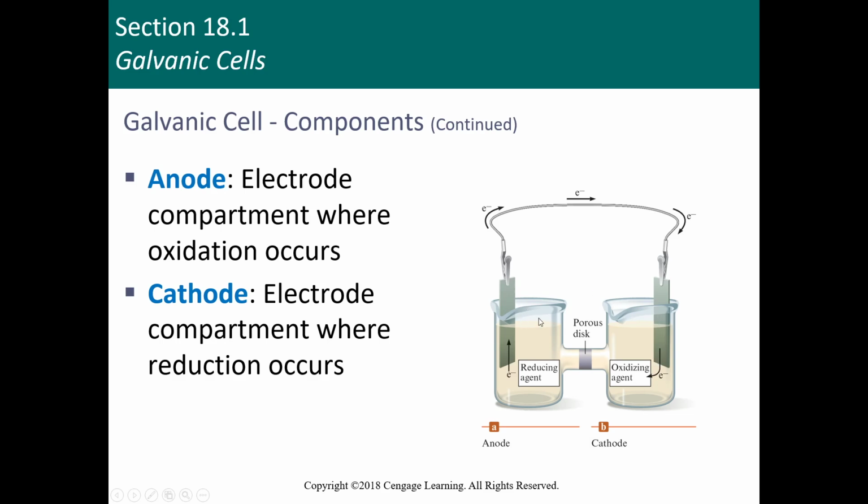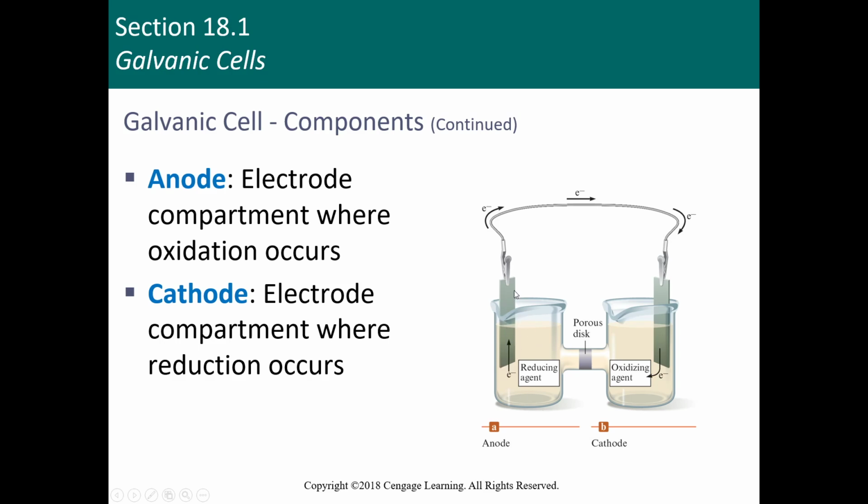So remember, where the oxidation occurs is going to also be where you have your reducing agent. Remember, oxidation is done with your reducing agent here. And your reduction here is going to be done with your oxidizing agent. Notice here that your anode is where you lose electrons. That's why the oxidation is done here.